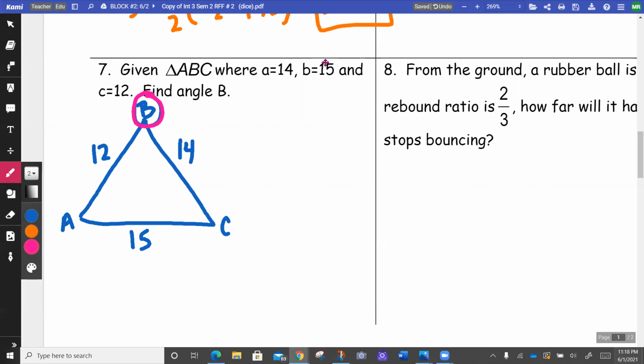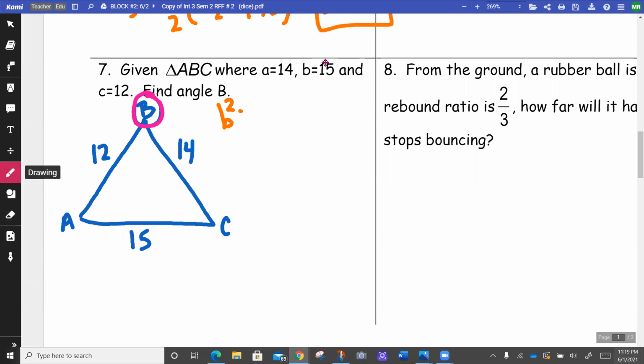Okay. So angle B. So I am going to do the following formula. So I'm going to write this formula two ways.